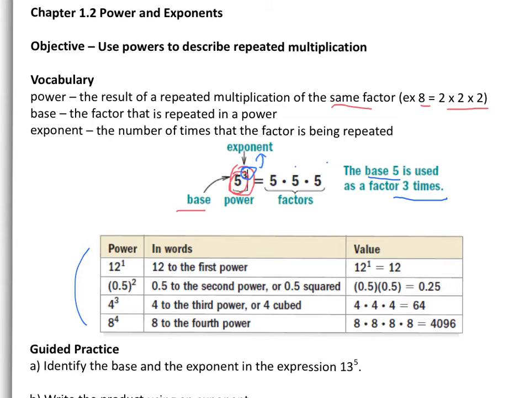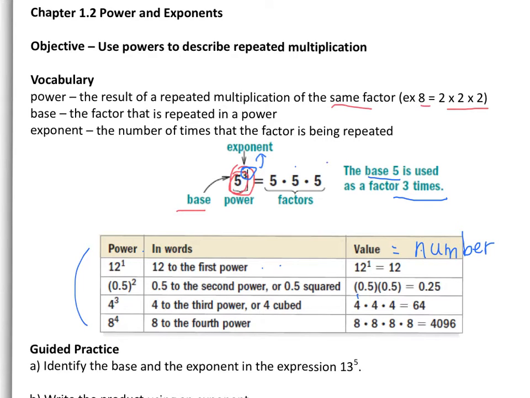Let's look at this chart here. Power. To read this in English, we say 12 to the first power. The value, which means number, would just be 12 to the 1, or first power equals 12. 5/10 to the second power. 5/10 or 0.5 to the second power, or 0.5 squared.